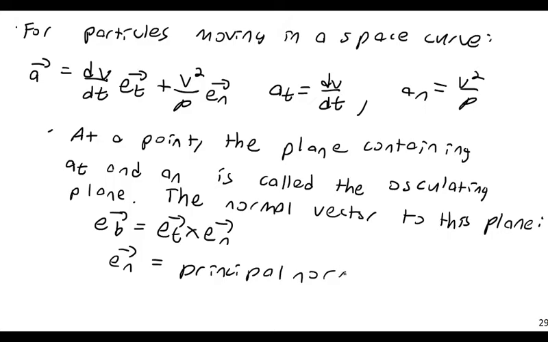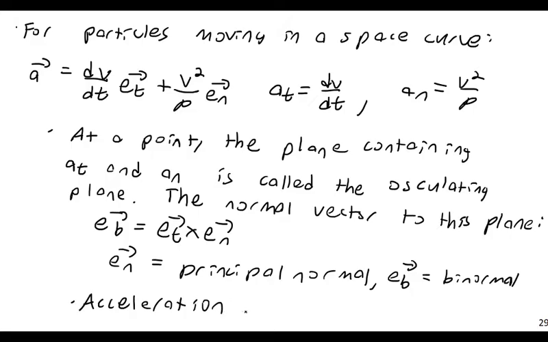That means normal relative to the curve, and EB is the binormal. That means normal to the osculating plane. And by definition, because it's a cross product, acceleration has no component along the binormal.